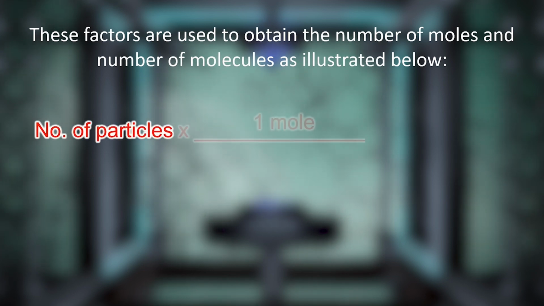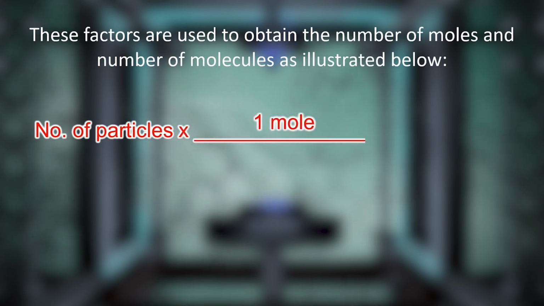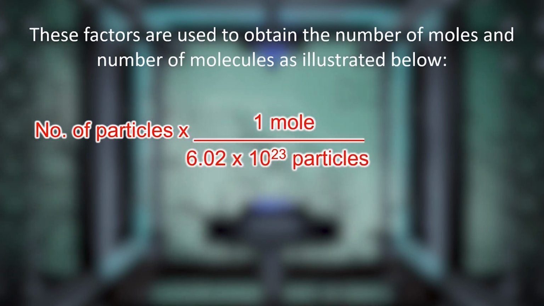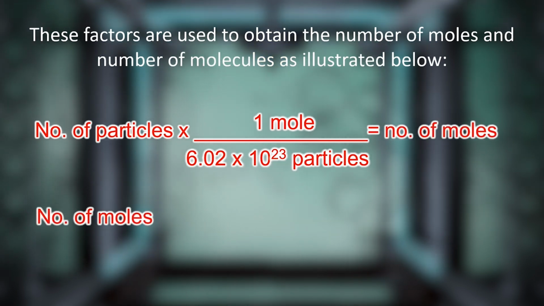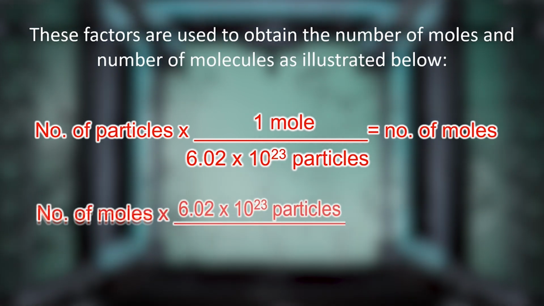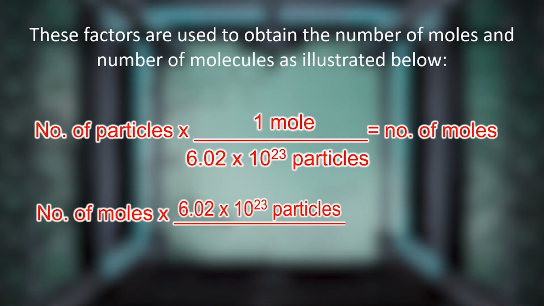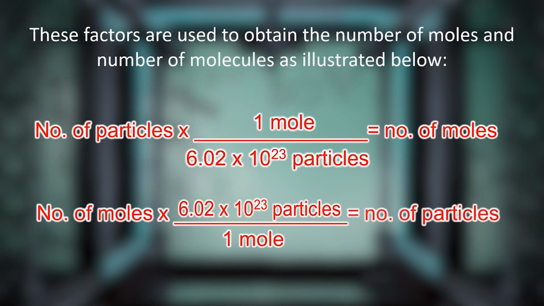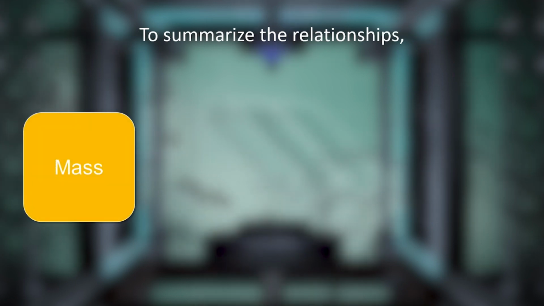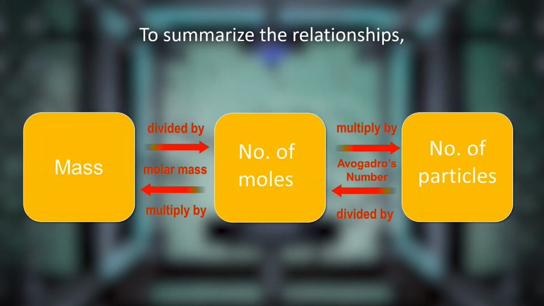Number of particles times 1 mole divided by 6.02 times 10 to the 23 particles equals number of moles. Number of moles times 6.02 times 10 to the 23 particles divided by 1 mole is equal to number of particles. To summarize the relationships, please see illustration below.